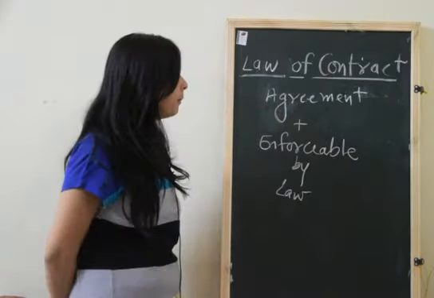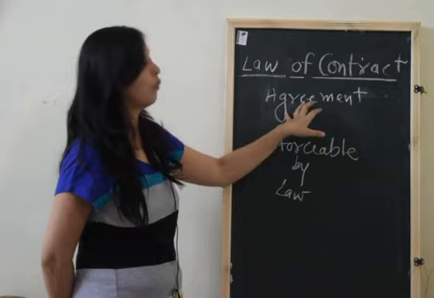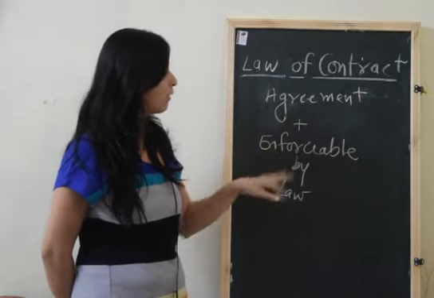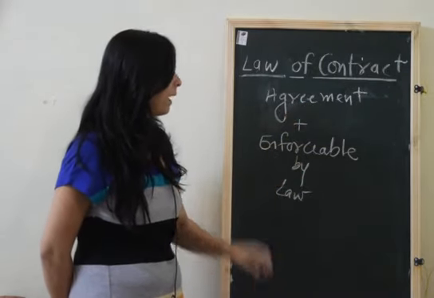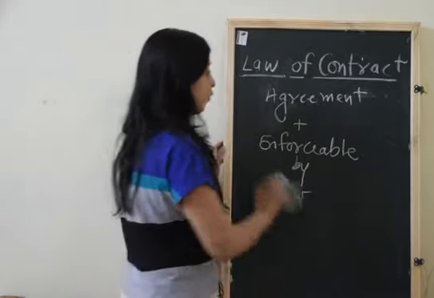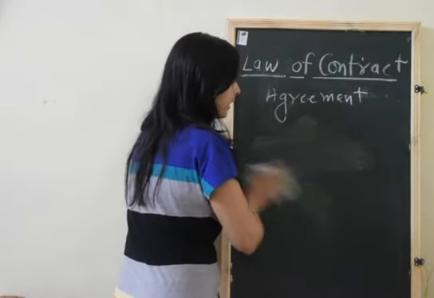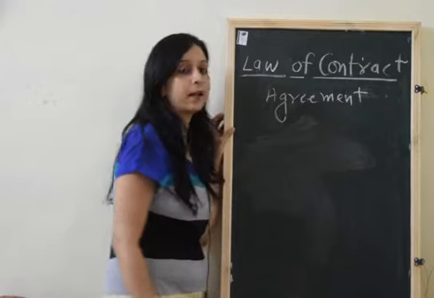Now the next question is, what is an agreement and what is enforceability by law? The first thing, what is an agreement? Again, in the same Act, the definition of agreement is mentioned.